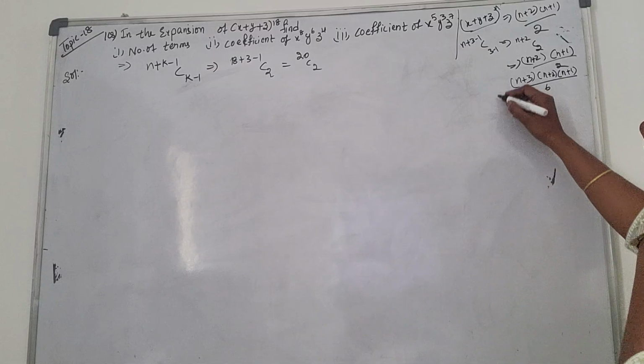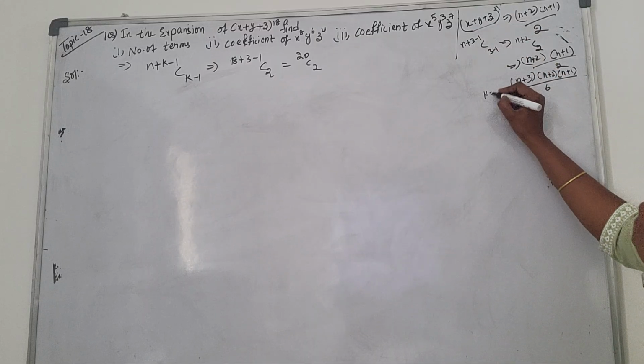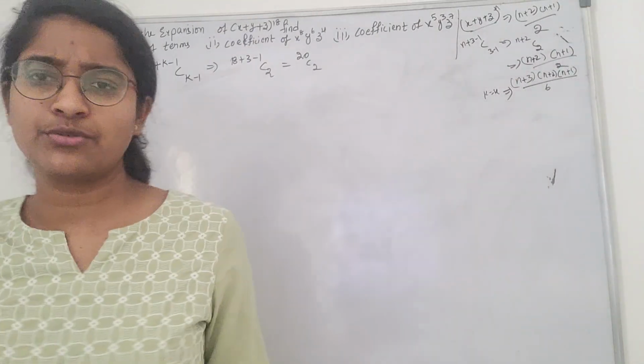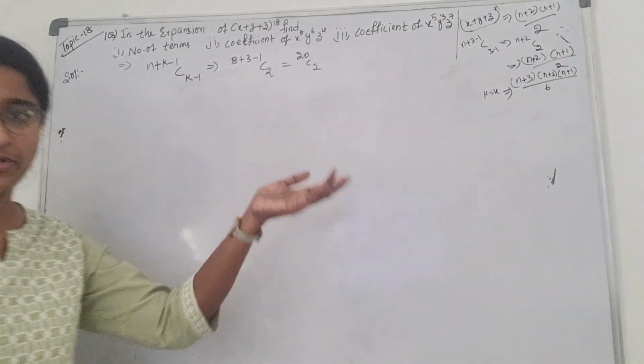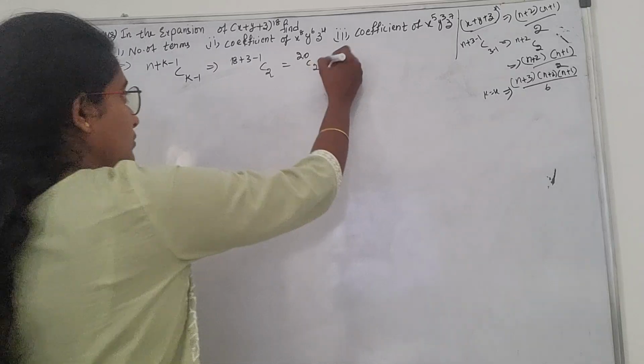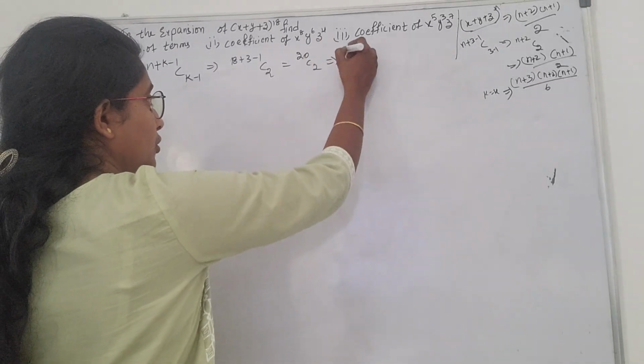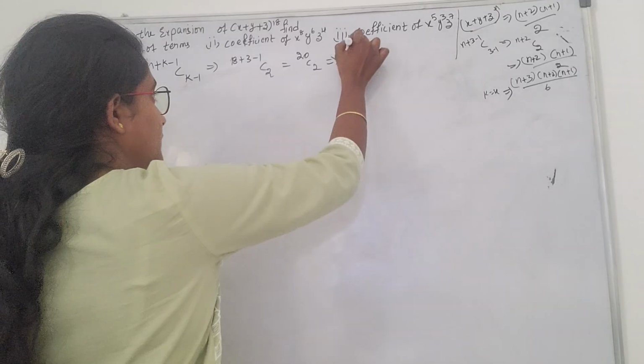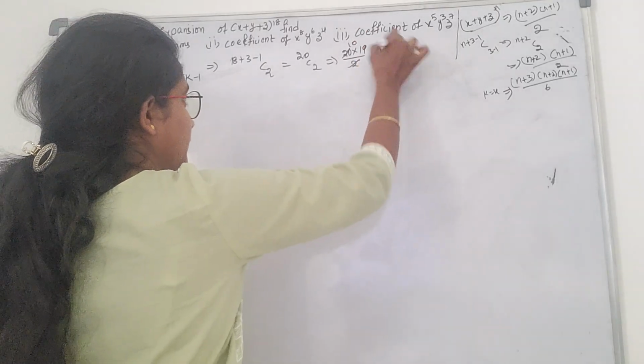This is when k is 4. So you can substitute directly in the formula, or do it like this. Now 20 C 2 is 20 into 19 by 2; two tens are 20, so your answer is 190.